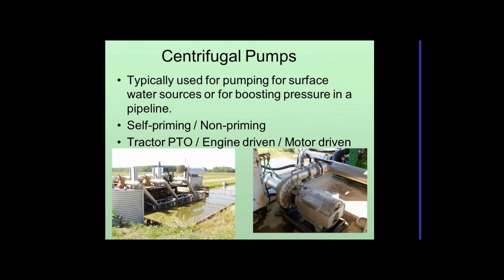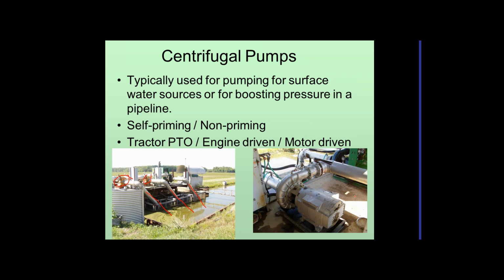The other type of pump typically used on surface water is a centrifugal pump. On the right here is a cranberry bog. So we've got 3 pumps here. This is the suction out of the surface water, and I believe these are electric motors over here driving the unit.